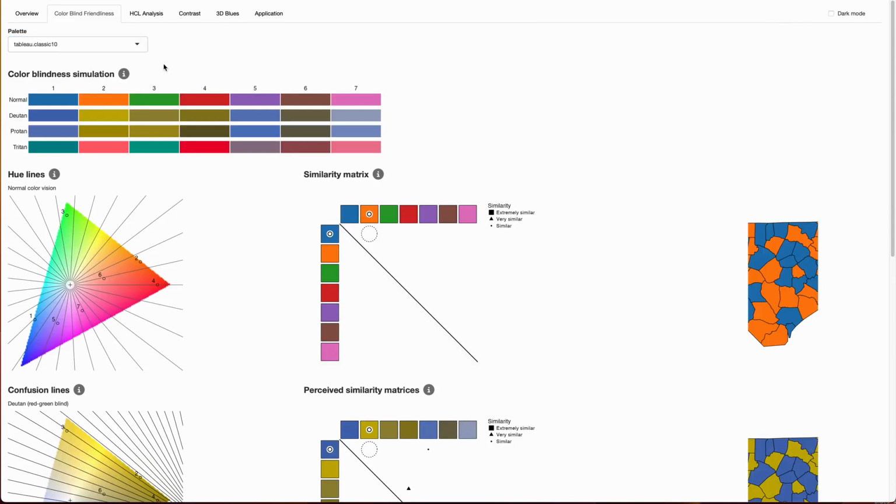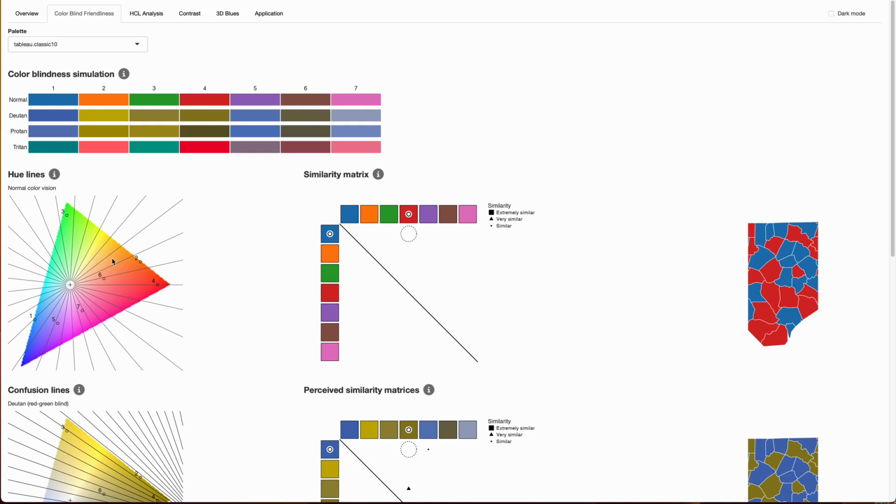This is just for the first 7 colors. You see, these are the colors, how they are perceived by people with normal color vision. So this is the CIELAB color space triangle, where the lines indicate the hue.